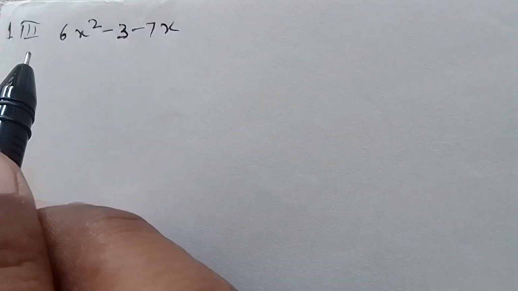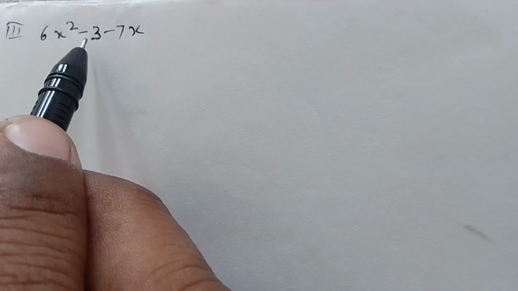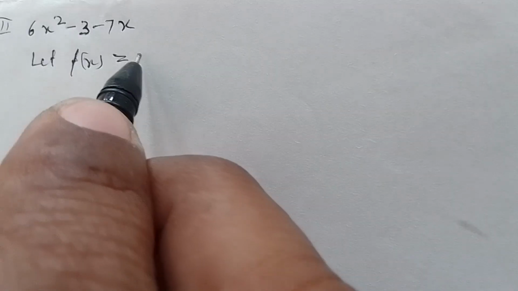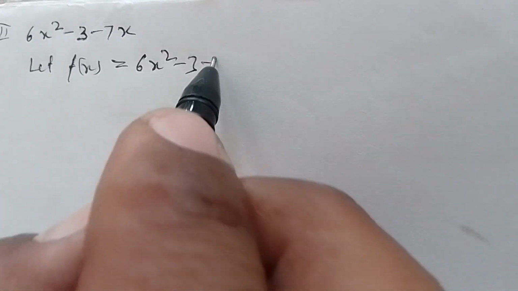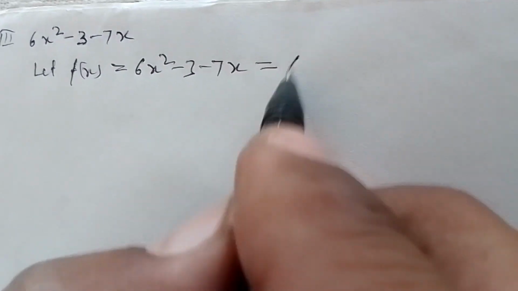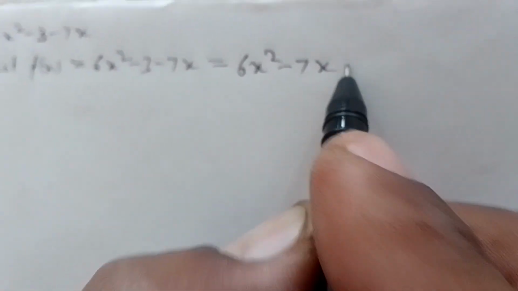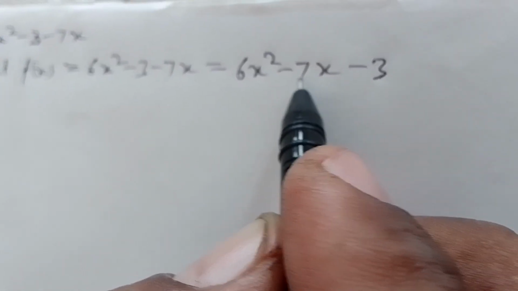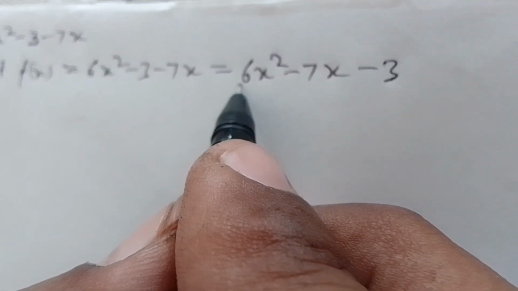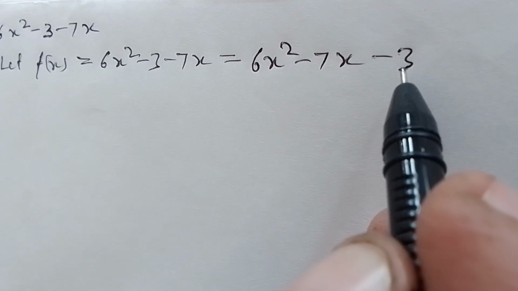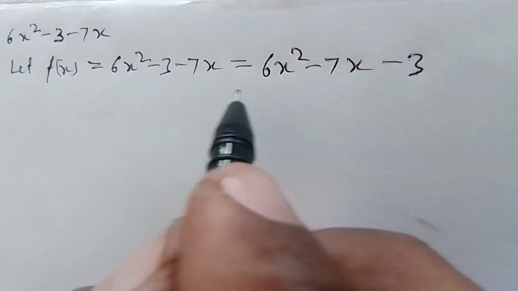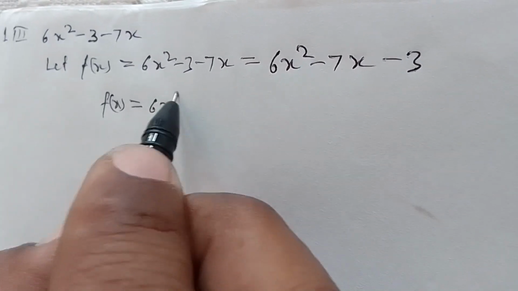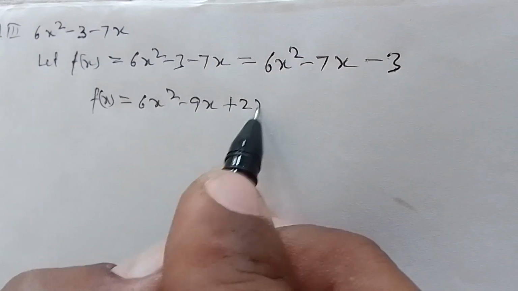So the third part of the first question is 6x square minus 3 minus 7x. Let f(x) equal 6x square minus 3 minus 7x. We can rewrite it as 6x square minus 7x minus 3. We will now break 7x into two parts. So the sum comes out to be minus 7x and the product comes out to be 6 multiplied by 3, which is minus 18. So we will break this function f(x) into 6x square minus 9x plus 2x minus 3.